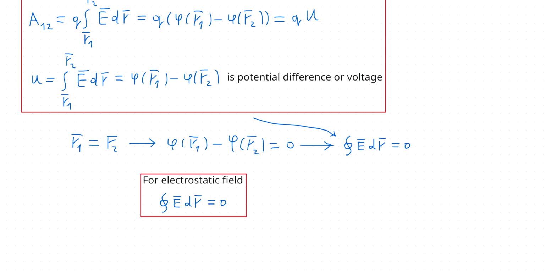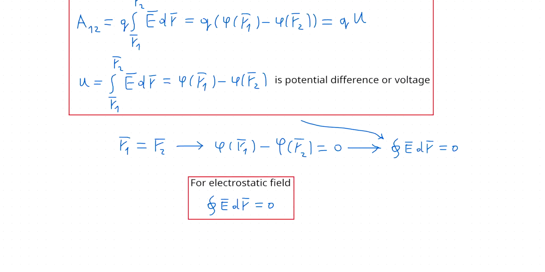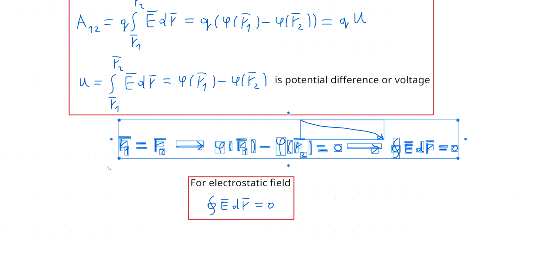And maybe you can remember from calculus that if this equation is true, then the field is potential. We can see that we have this for the electrostatic field, because the electrostatic field is a kind of potential field.